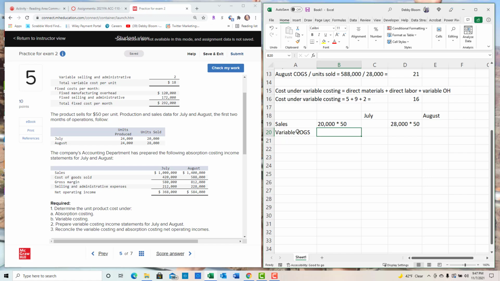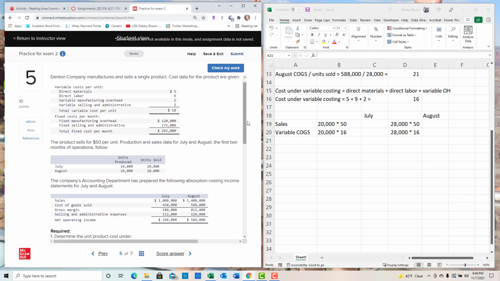So in July, we sold 20,000 units, and our variable cost of goods sold is 16. In August, we sold 28,000 units, and our variable cost of goods sold is 16. Then, after our variable cost of goods sold, we're going to subtract our variable selling and administrative.